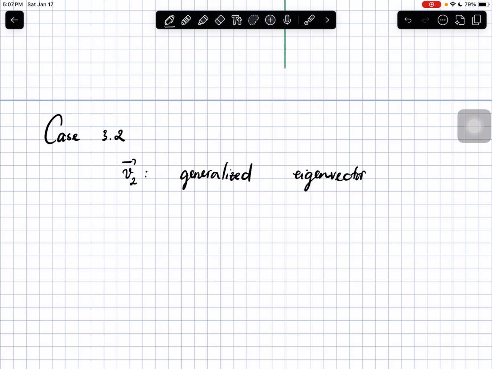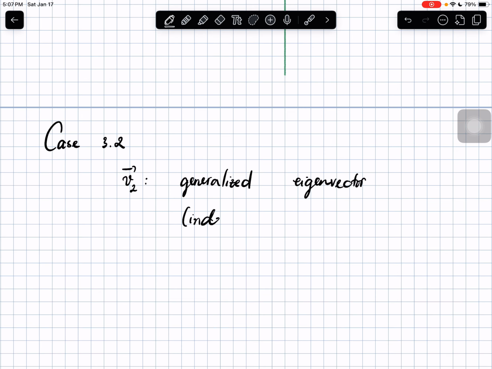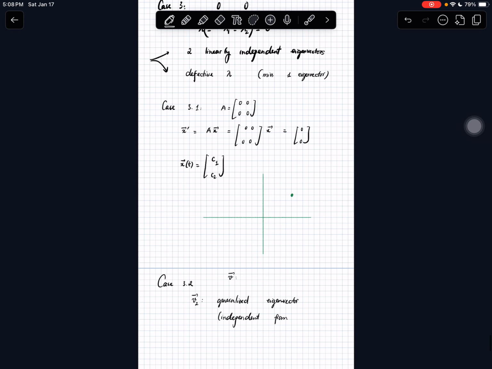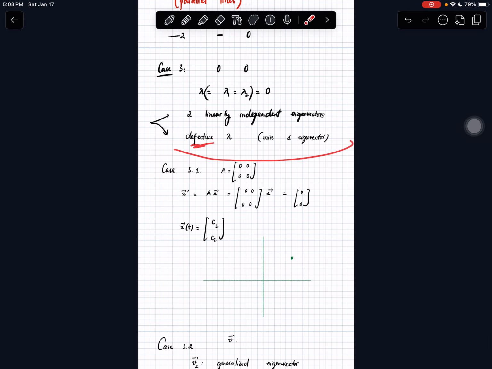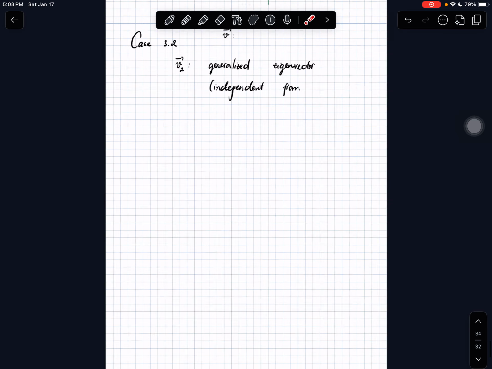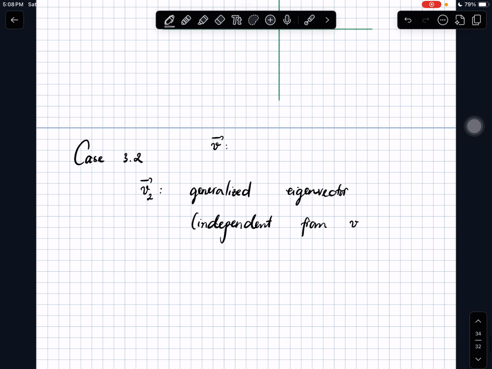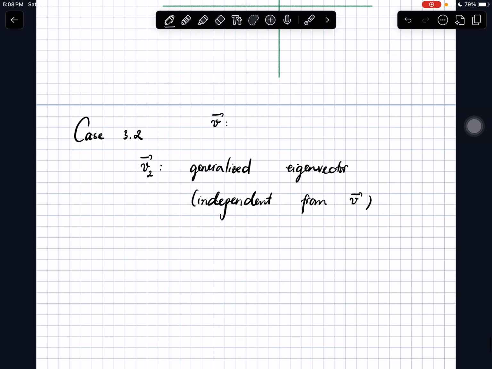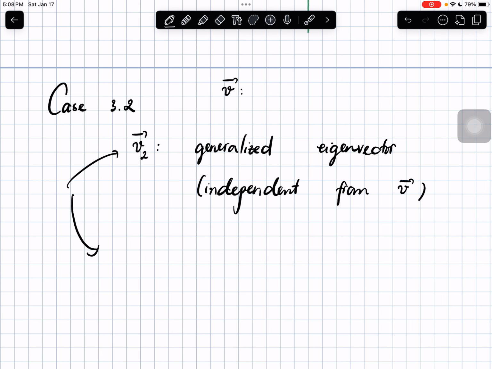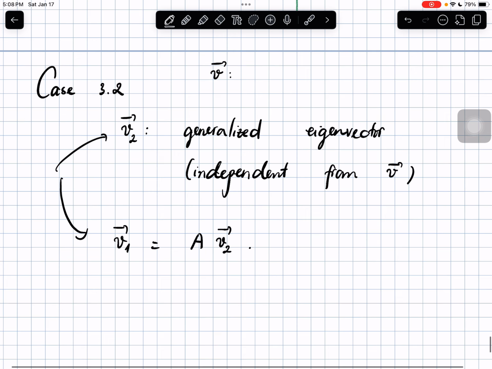We choose it so that it is independent from the actual eigenvector V1, the one we found, where we have only one linearly independent eigenvector. Second, we build back the actual one V1: A minus lambda I, lambda is 0, so A minus 0I, which is A, times V2, gives V1.